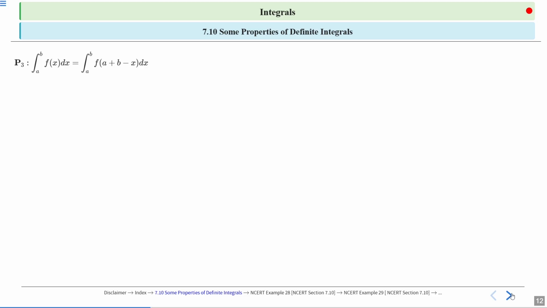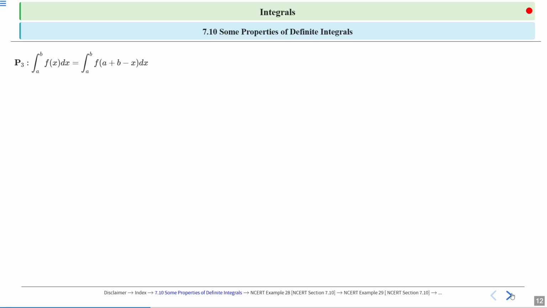It means when we add the upper limit and lower limit and subtract x, the value of the definite integral is the same. We generally use this property with symmetric functions. For a function like sine, the value of sine x is the same as sine of pi minus x.